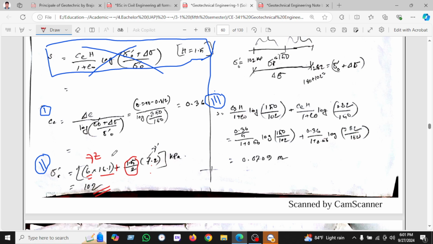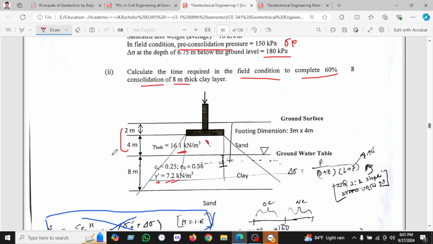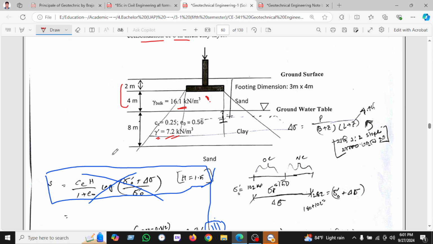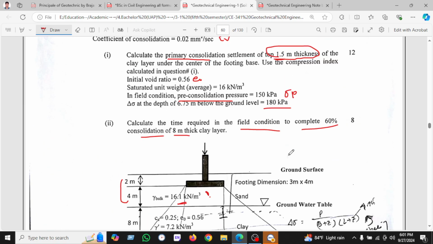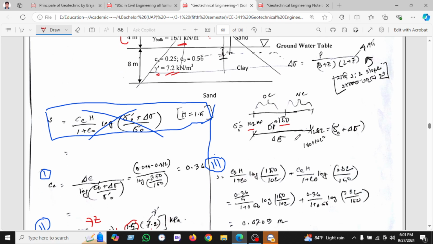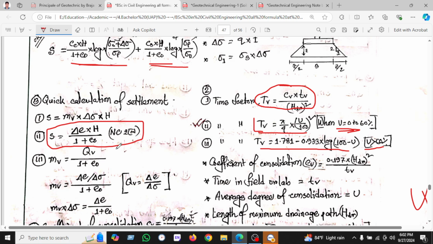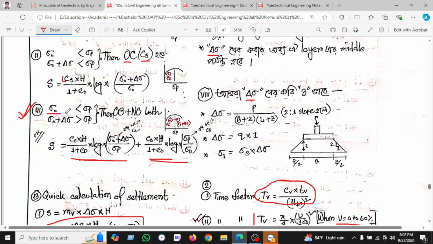So 102 is given. On the other hand, we have seen that 102 is here, and the pre-consolidation pressure 150 is given. So we can see here the pre-consolidation condition: sigma naught we have found is 102, which is less than sigma p, which is 150. This condition is satisfied.